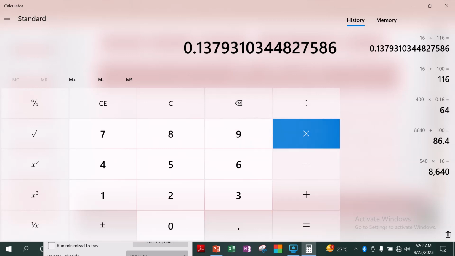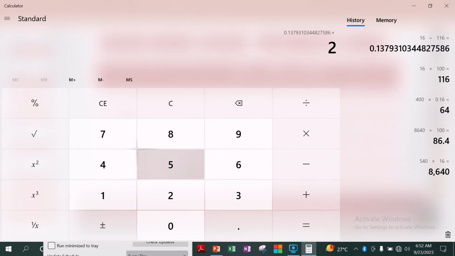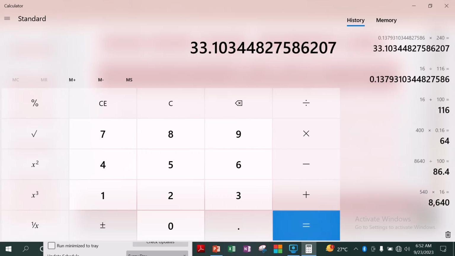So when you multiply this fraction by 246, let me just make the calculation again, are they correct?